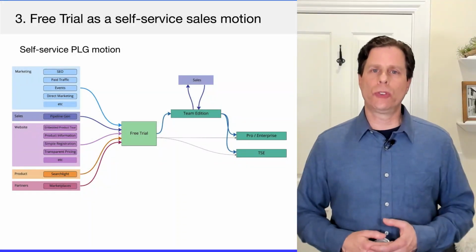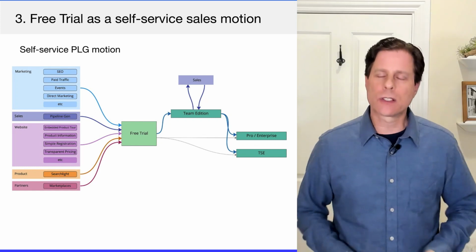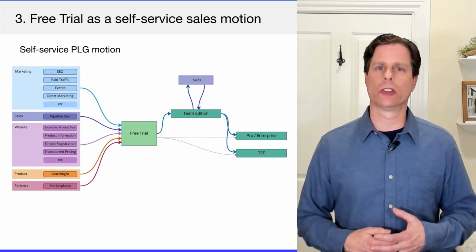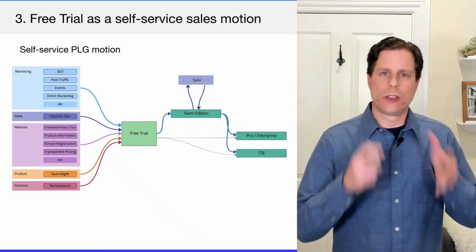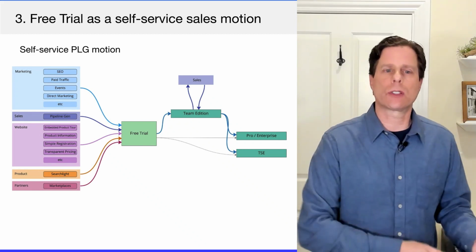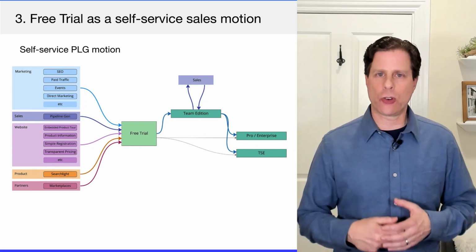The third way we're using our free trial is as a full self-service PLG sales motion. Here, as before, we have the different areas of our company all focused on driving as many prospects as possible into the free trial.